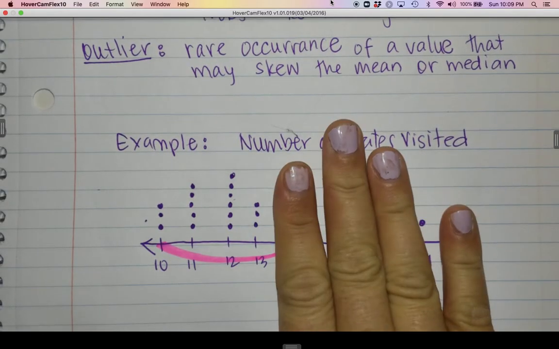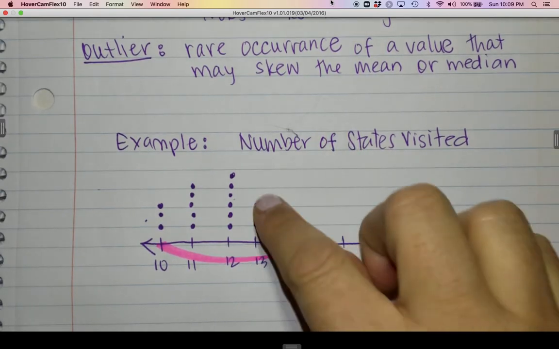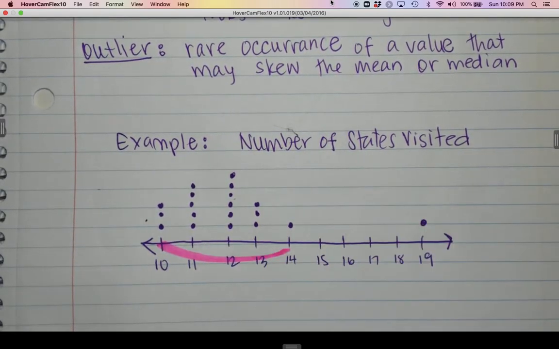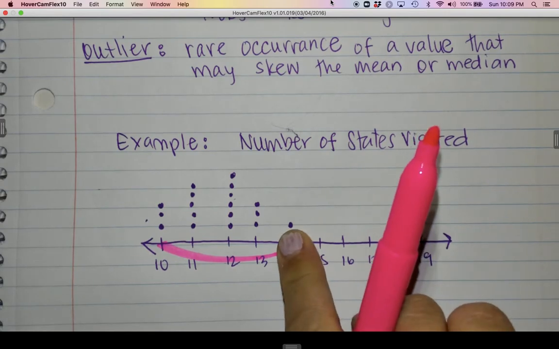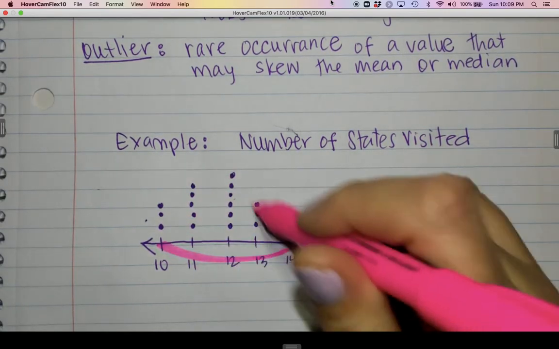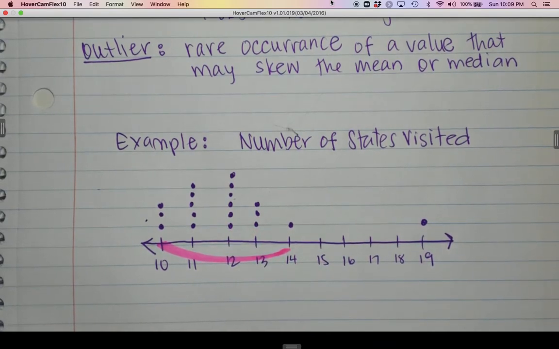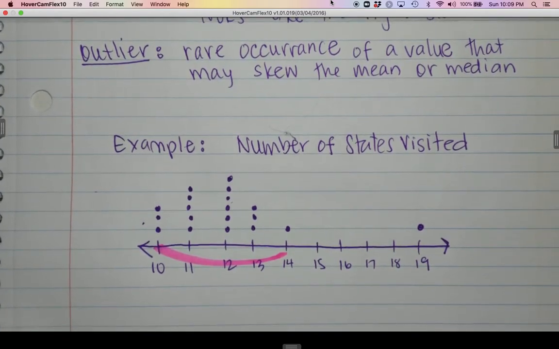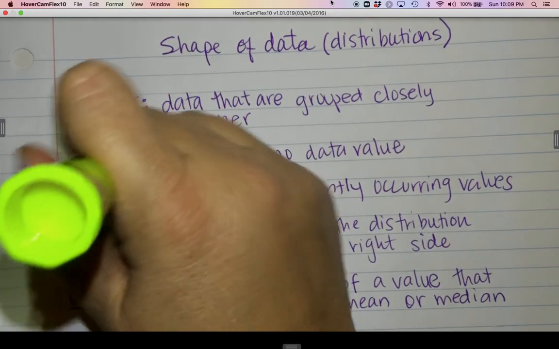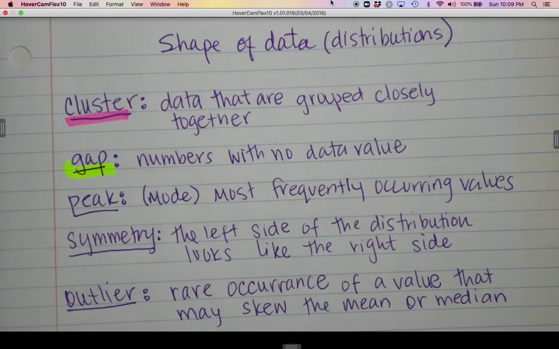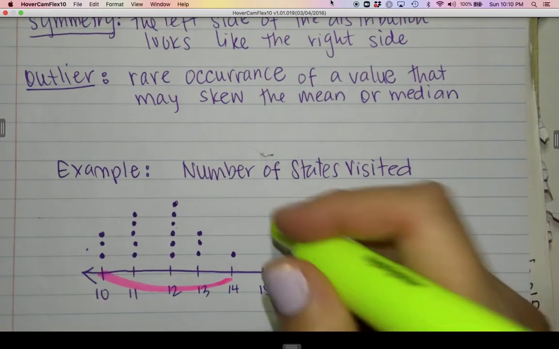I could even take 14 out if I wanted to. Most of the data is right in here because I only have one observation in 14. So this would be where my cluster of data is. Okay, I'm going to use a different color and show you a gap. Numbers with no data value. My gap is here.